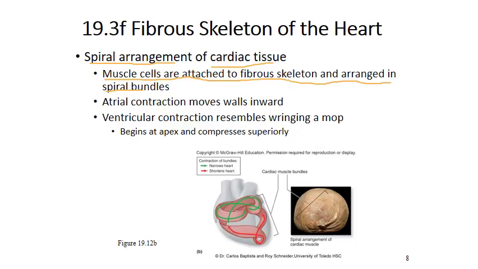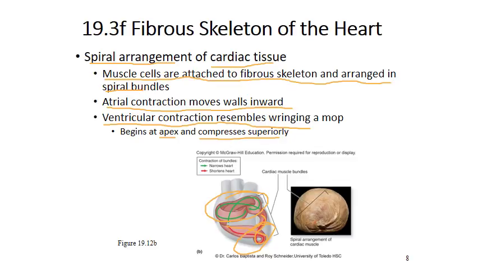The atrial contraction is going to move the wall inward. If we see here in the green section, it's squeezing the top of it inwards. And then the ventricular contraction is going to be like wringing a mop. So if we see here, it's doing this circular motion and wringing the end of it. It begins at the apex and then compresses superiorly, which is important, right?